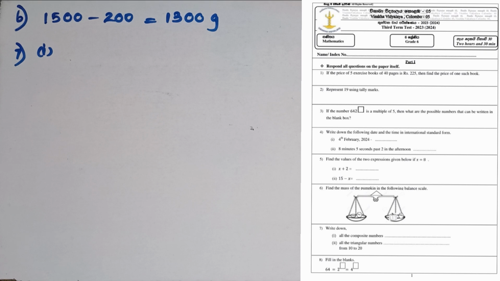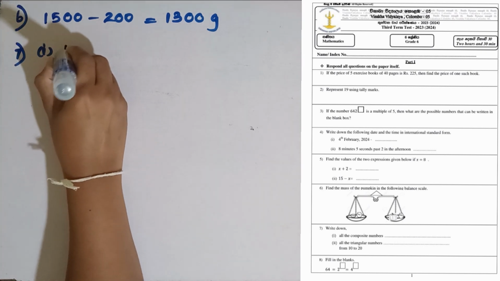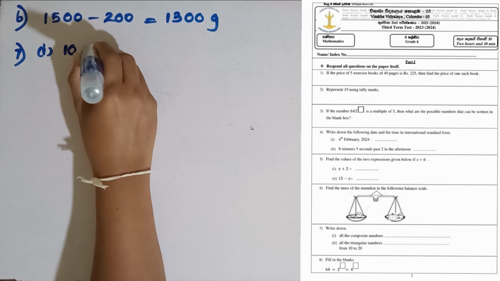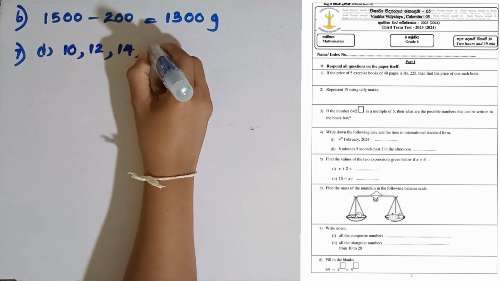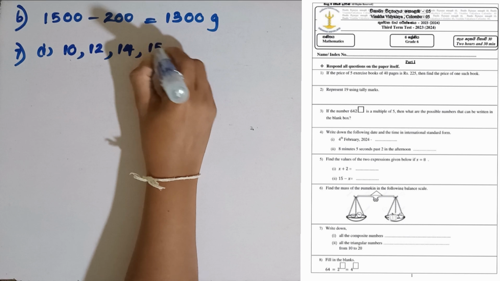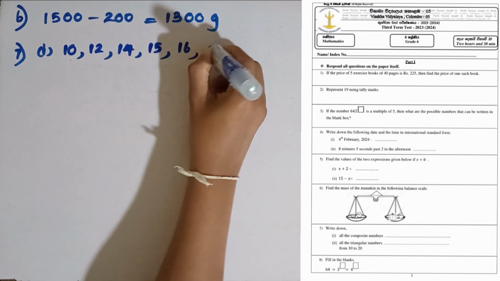Composite numbers means the numbers that have more than two factors. So the first one is 10. Then the second one 12, 14, then 15, 16, then 18.